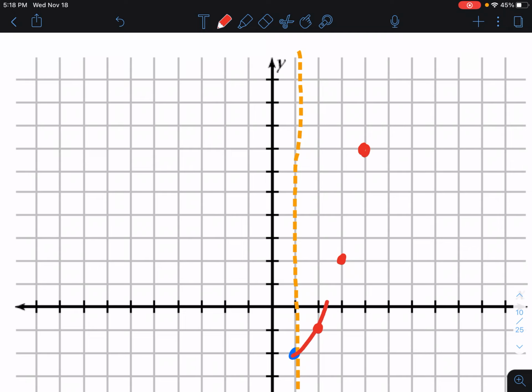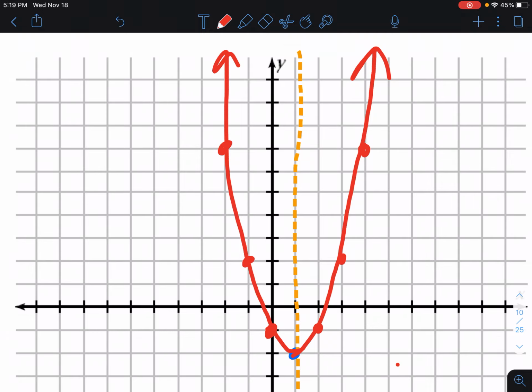So that'll form my right side of my parabola. Make sure to draw to the edge with the arrow. And then get mirrored points on the other side of the axis of symmetry, which is the dotted line. And then your parabola is done.